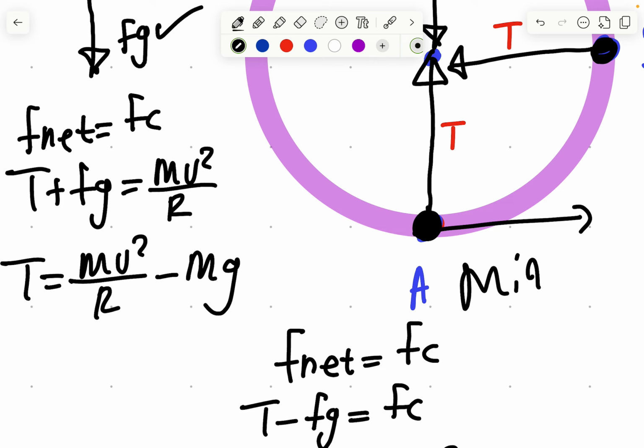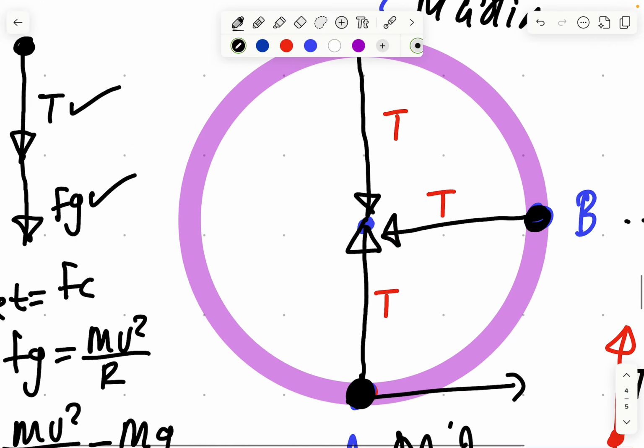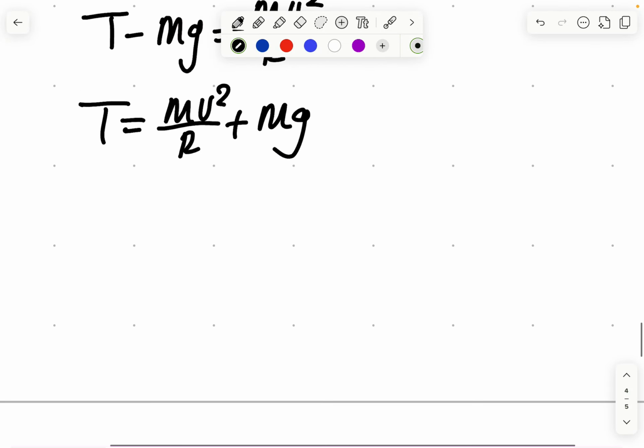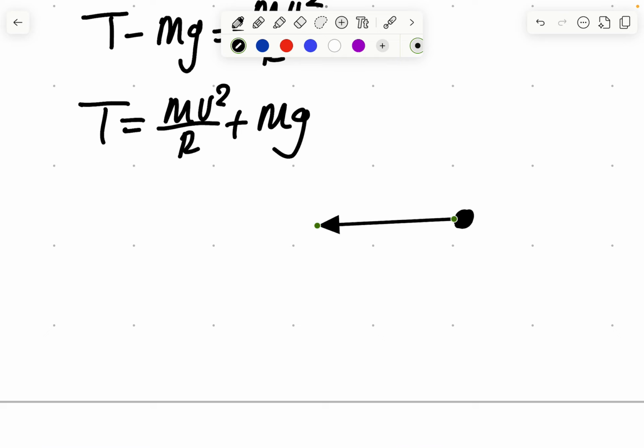Let's calculate the tension at the middle point. You are going to draw a free body diagram at the middle point. The tension is going to the origin. There's no other force going in that direction, and then we have our Fg. So we know F net equals centripetal force.